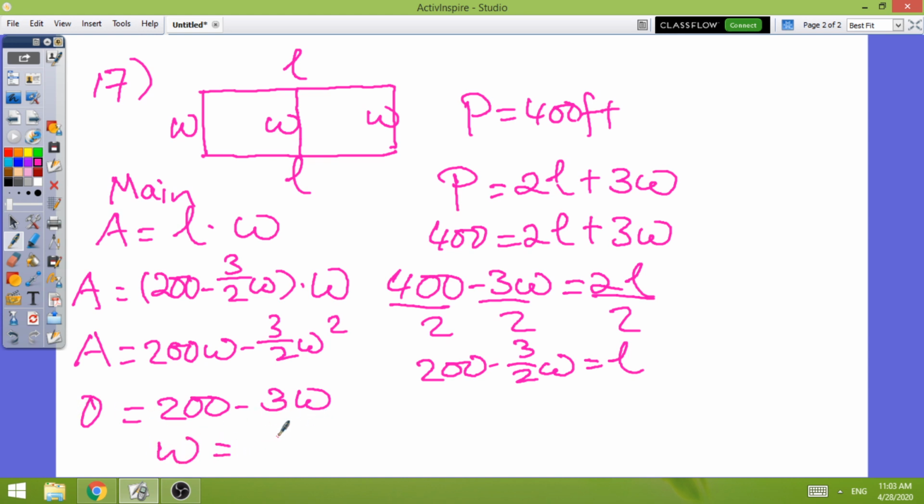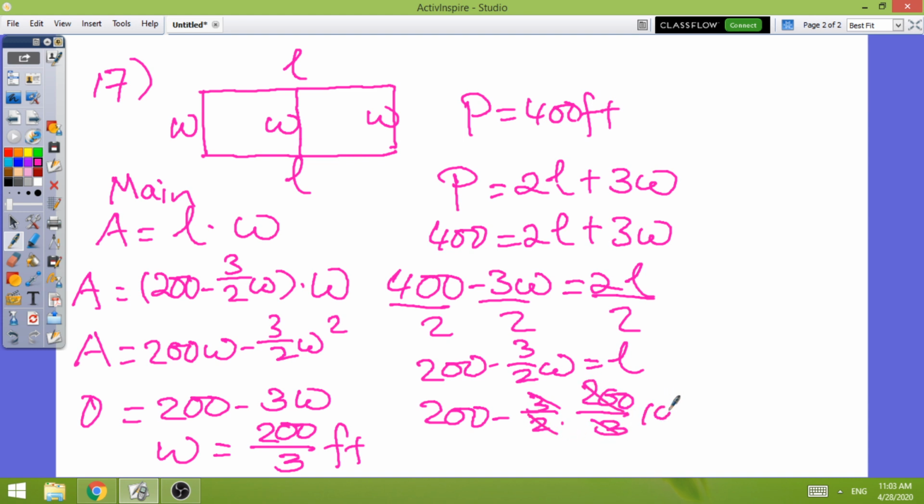So that means W equals 200 over 3 feet. And now let's see what else we need to find out: the length. For the length, we just plug in the number. So 200 minus 3/2 times 200 over 3. Cross cancel. 200 reduces.